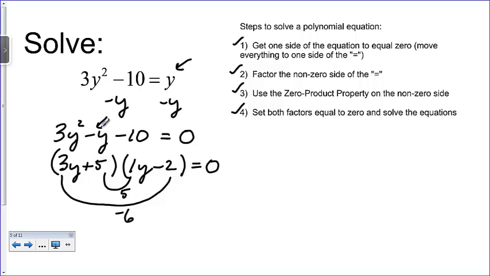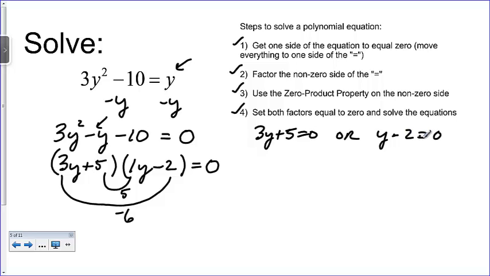The third step is to use the zero product property on the non-zero side. So look at what we have here: (3y + 5)(1y - 2) equals 0. So the zero product property says that 3y + 5 equals 0, or y - 2 equals 0.